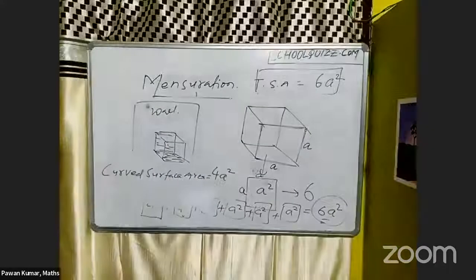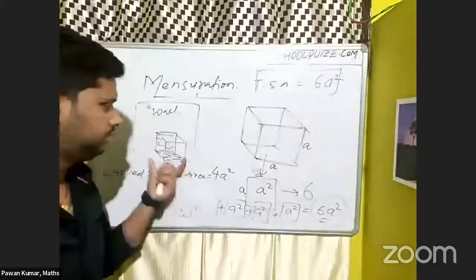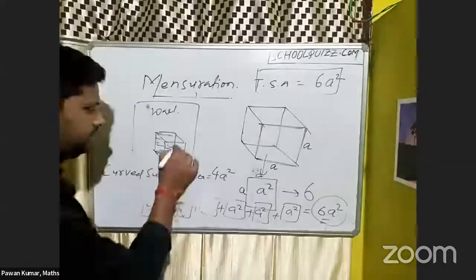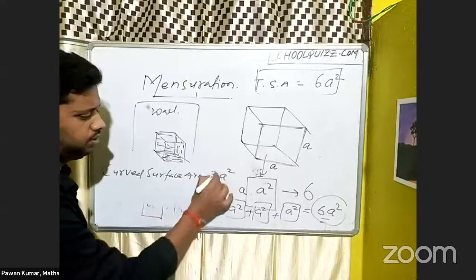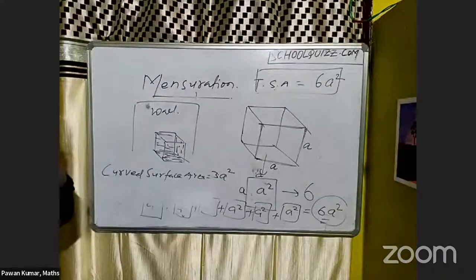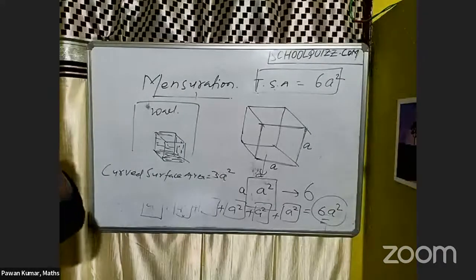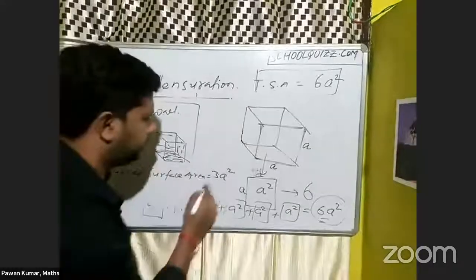So I can write it as 4a square as the curved surface area. If they ignore three faces, I have to subtract that also, and the curved surface area will be 3a square.